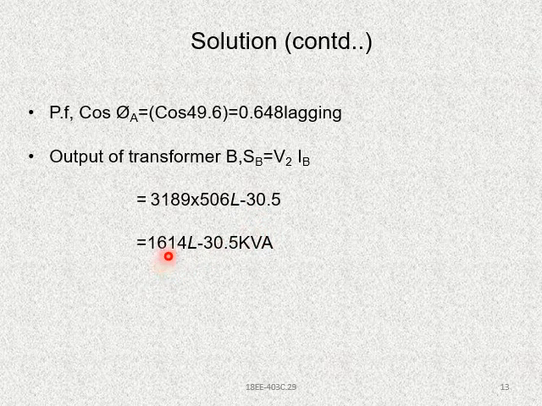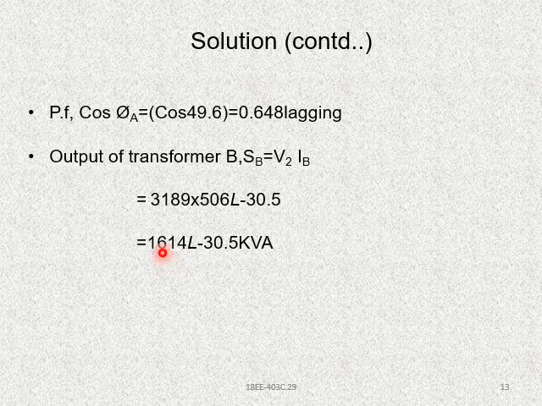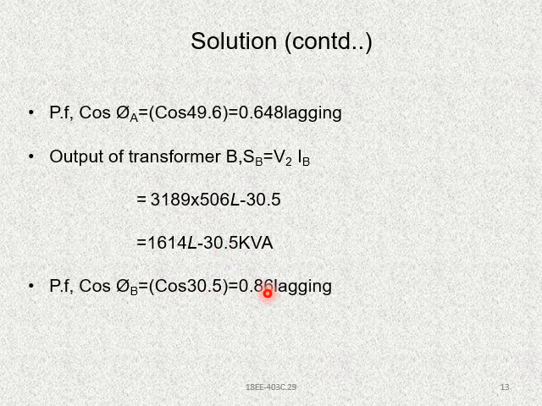That gives the output of transformer B, SB, equals 1614 at an angle of minus 30.5 degrees kVA. The power factor, cos phi B, equals cos 30.5, which is 0.86 lag.